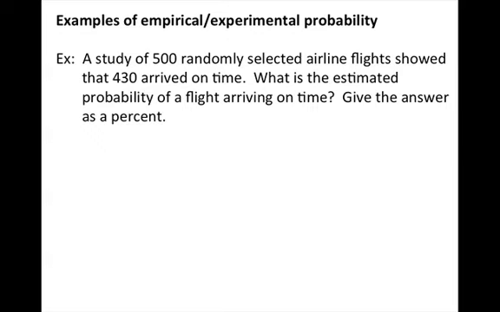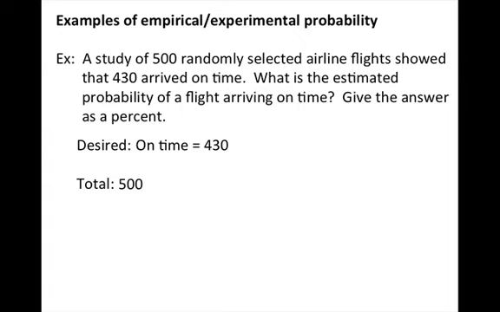So let's think back to what the probability is. With the probability, we want our desired outcome and we want our total outcomes. For this example, the desired outcome is to arrive on time because that's what I'm asked for the probability of. The desired is always what you're asked for. So the chances of arriving on time, that happened 430 times in this example.